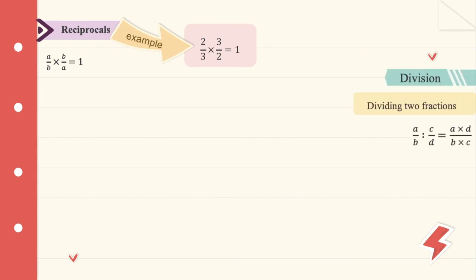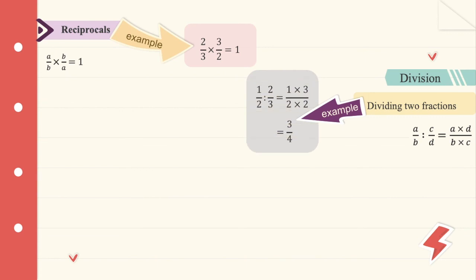To divide two fractions, you have to multiply the dividend by the reciprocal of the divisor. For example, 1 over 2 divided by 2 over 3. You have to multiply 1 over 2 and 3 over 2, where 3 over 2 is the reciprocal of 2 over 3.